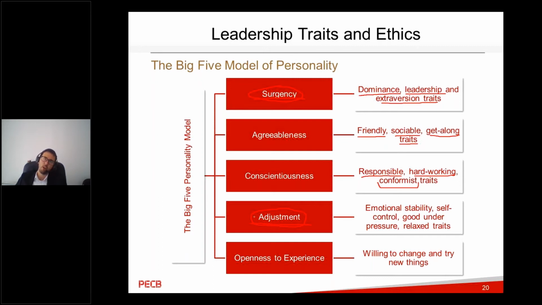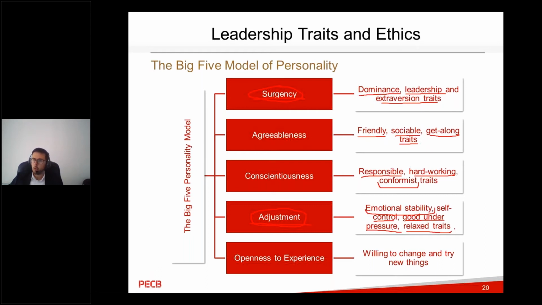Whereas those on the other part of the spectrum tend to be anxious, nervous, insecure, and in an attack mode. We covered that, and we said that these types of people are also called neurotic people. So in adjustment, we include people that have emotional stability, they have self-control, they are good under pressure, as well as traits that are relaxed in nature.